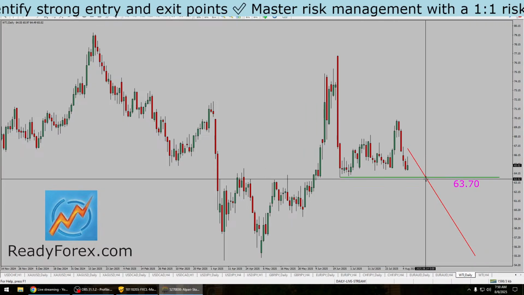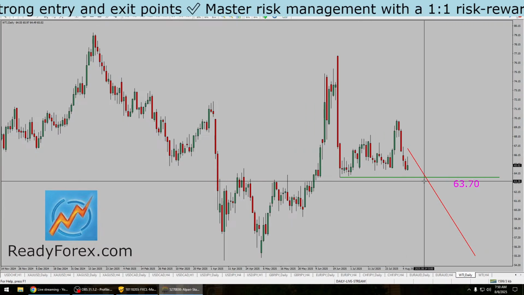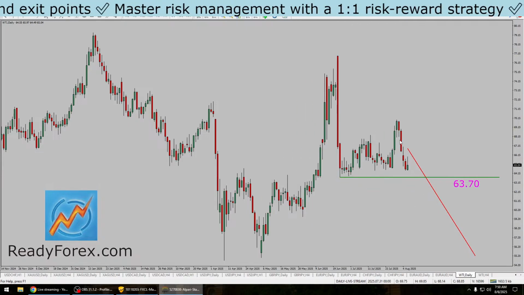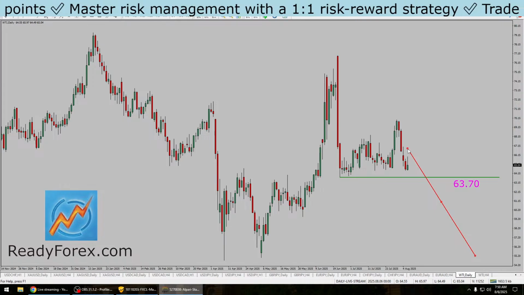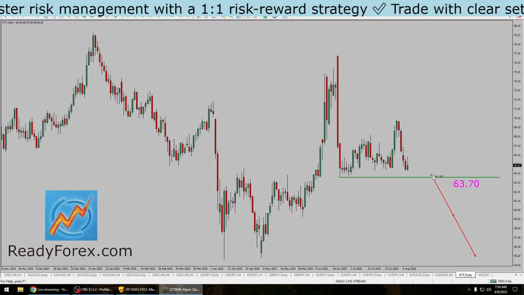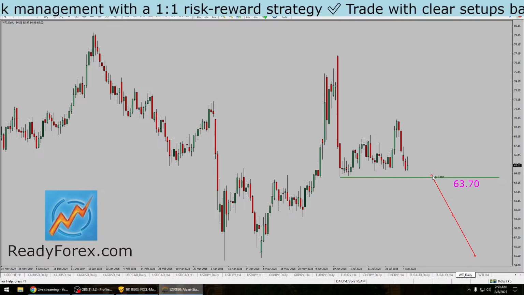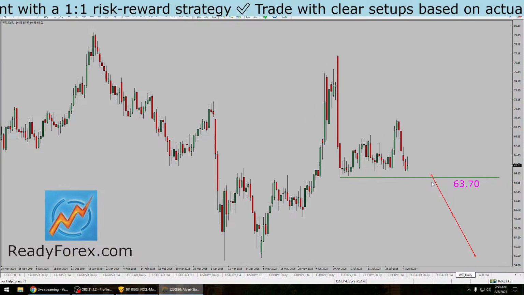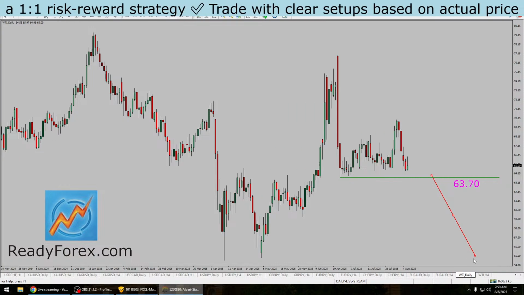It looks bearish. However, we need some sort of a clear breakdown in price action below the 63.70 area. That's the support. A breakdown below the 63.70 level is obviously going to open the door for further weakness in oil.